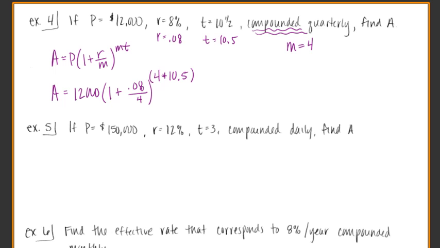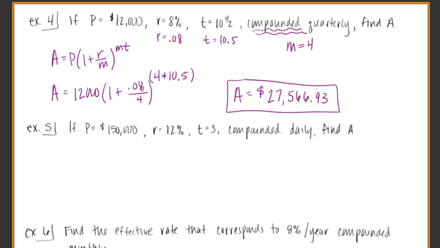Okay, so if you don't have your calculator, pull out your calculator, because again, the stuff is not very hard at all. Where you're going to get tripped up, if anything at all, is just plugging this in your calculator. Once you pause it, get your calculator out, try plugging it in, let's see if we get the same answer. Okay, so when I did it, I got the amount of money coming out is $27,566.93.